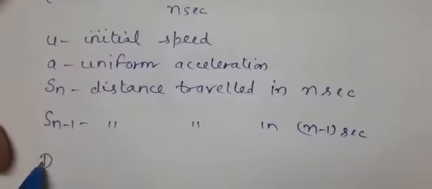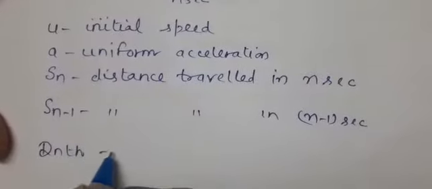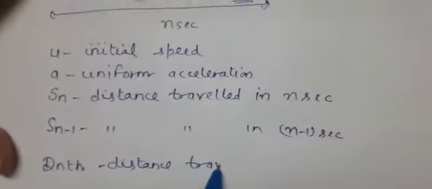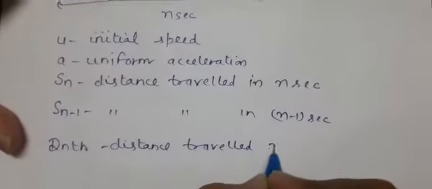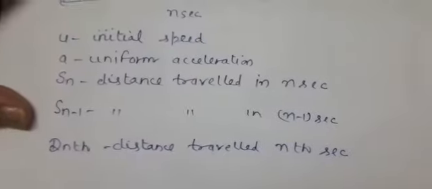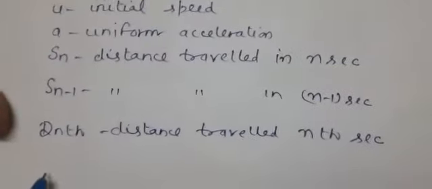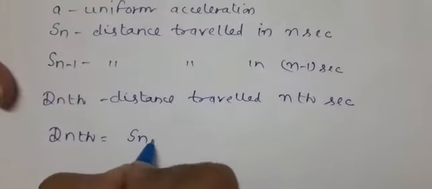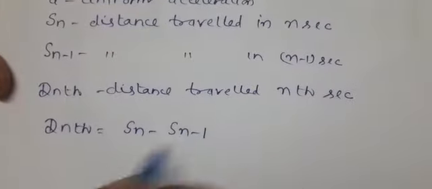Now dnth is the distance travelled in the nth second, only the last 1 second. So dnth will be equal to Sn minus Sn minus 1.